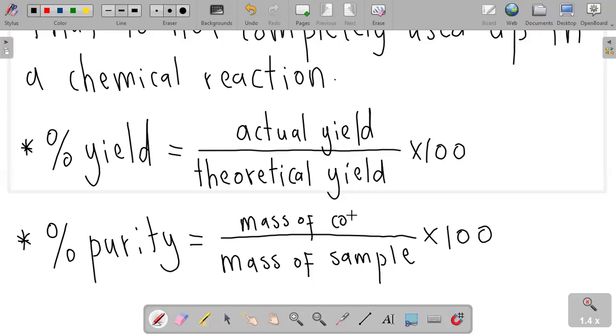So we take the mass of a specific compound and we divide by the mass of the sample. The sample here will have more than one compound, so there will be a lot of compounds inside the sample.